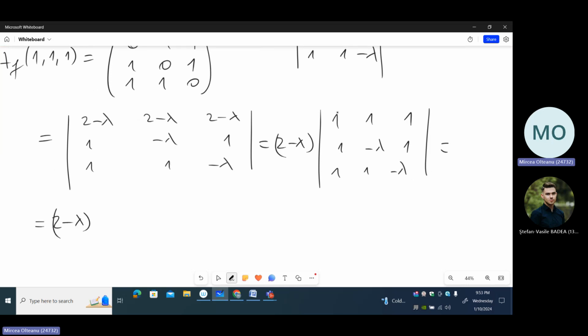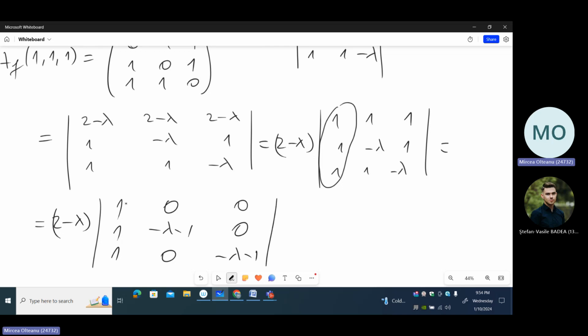For example, if we take the first column and subtract it from the other two columns, we get 0, 0 in the first row, and below we get minus lambda minus 1. We develop it from the first row.